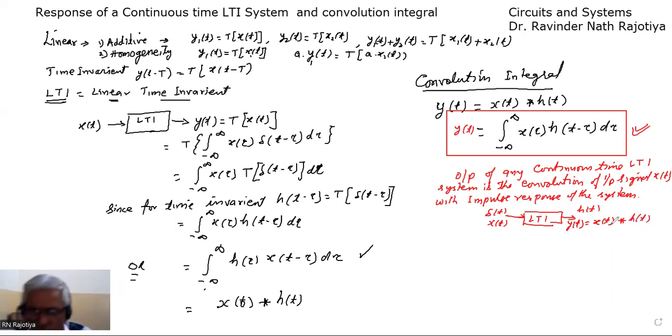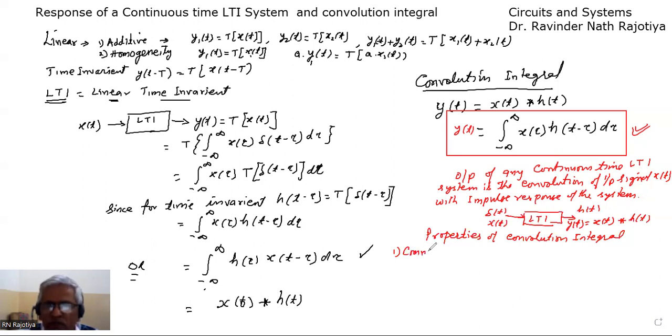Now, since we are talking about the convolution integral, we can see that it has the following properties. The properties of the convolution integral are one of the most important topics. There are three properties associated with the convolution integral. The first one is the commutative property.